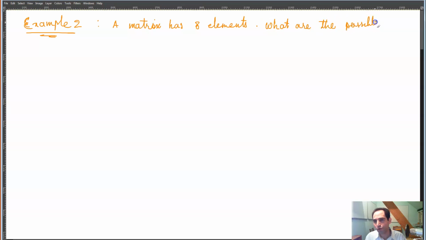What are the possible orders of this matrix?